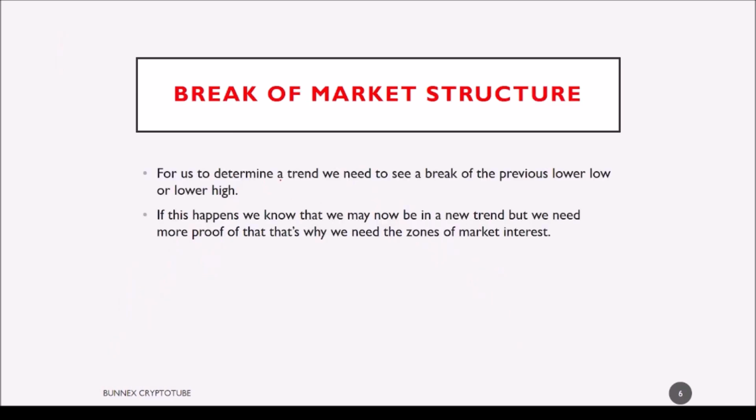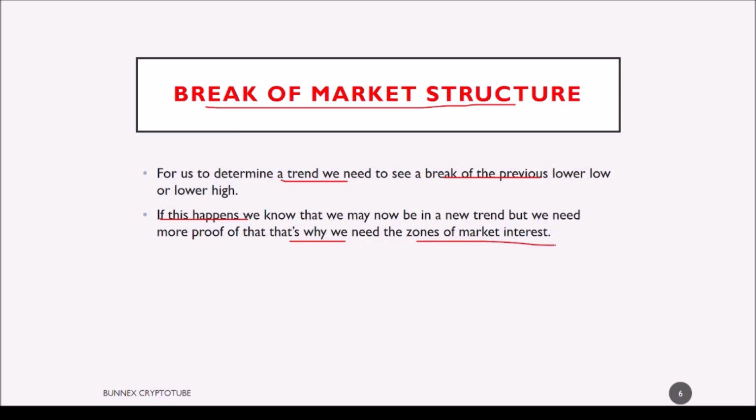So for us to determine a trend, we need to see what we call a break of market structure. So we need to see a break of the previous lower low or lower high. And if this happens, we know that we may now be in a new trend, but we need more proof of that.